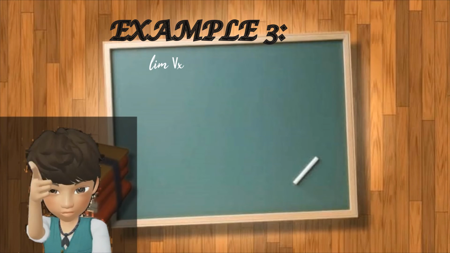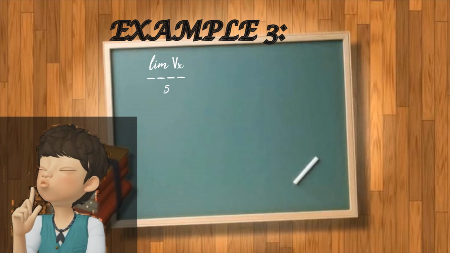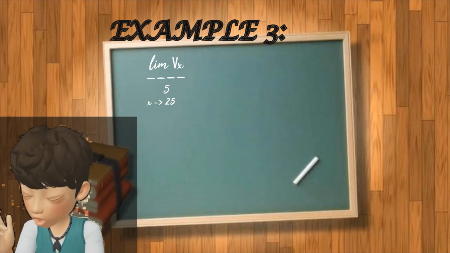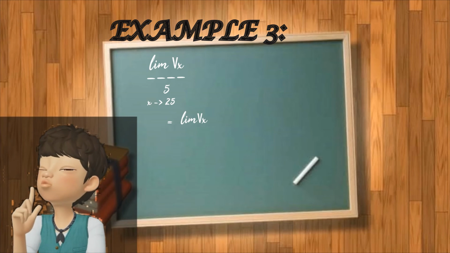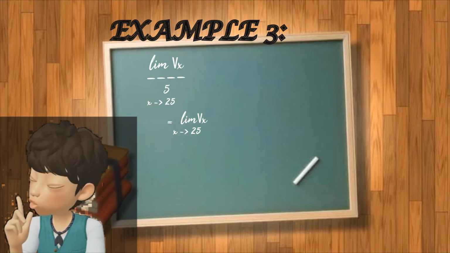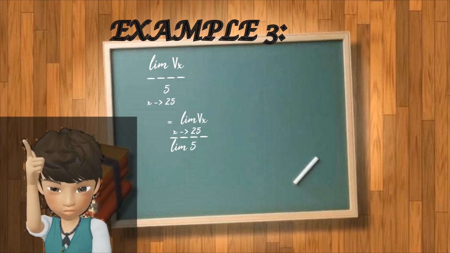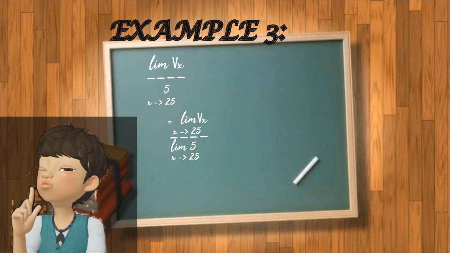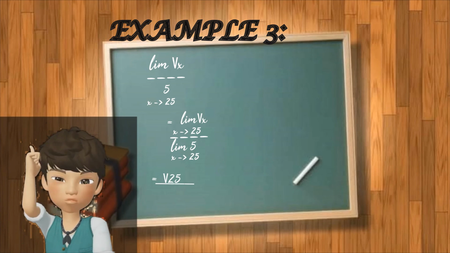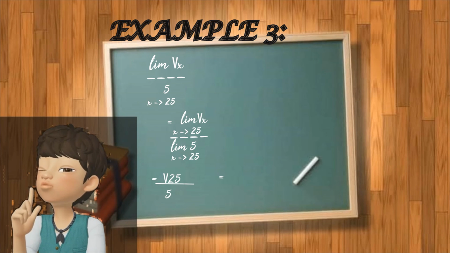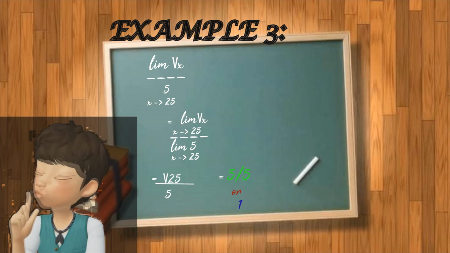Limit of square root of x over 5 as x approaches 25 is equal to the limit of square root of x as x approaches 25 over the limit of 5 as x approaches 25, which is equal to square root of 25 over 5, which is equal to 5 over 5 or 1.